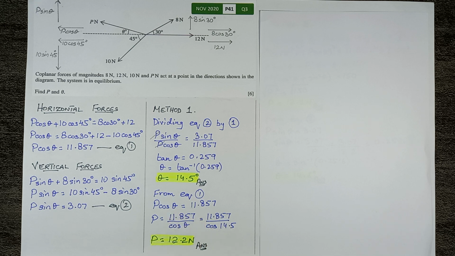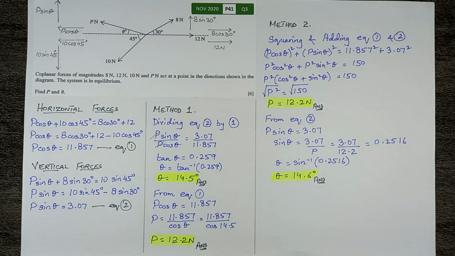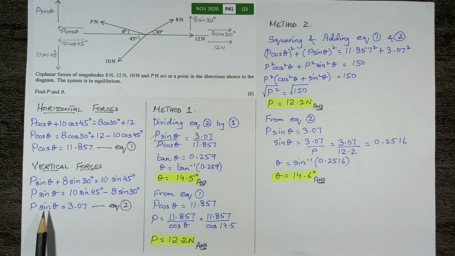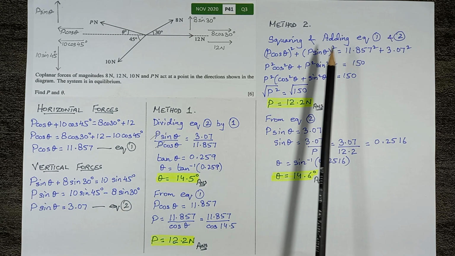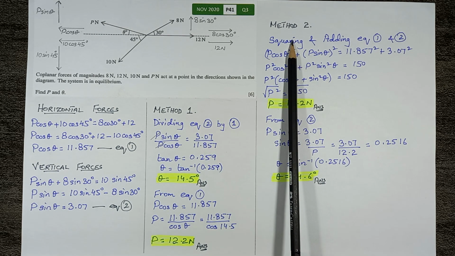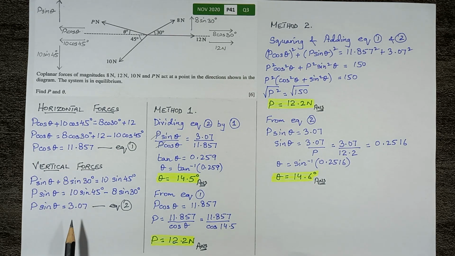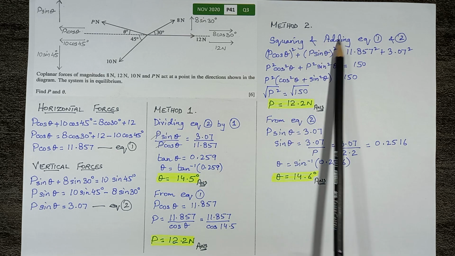The next method is also very easy, which is squaring and adding equations 1 and 2. That means P cos theta with a square and P sin theta with a square, and then add them up. So first of all square them and then add: 11.857 squared plus 3.07 squared.